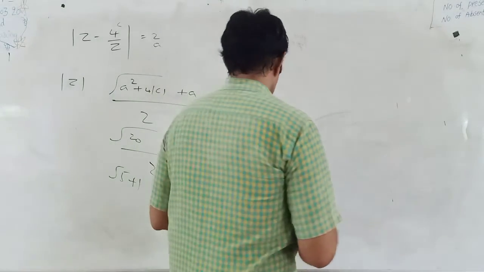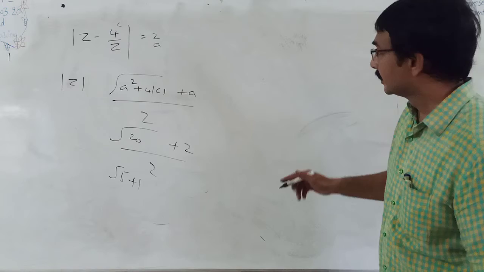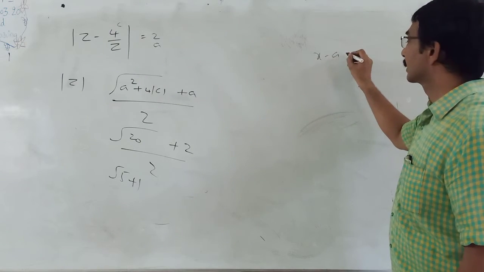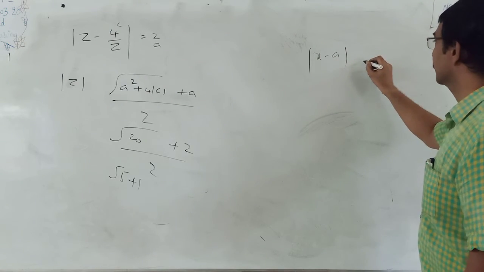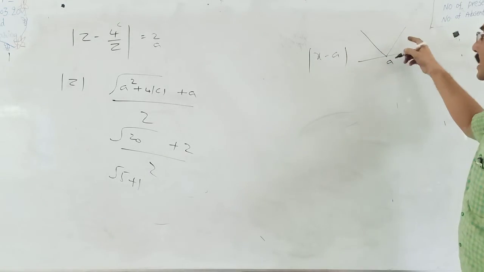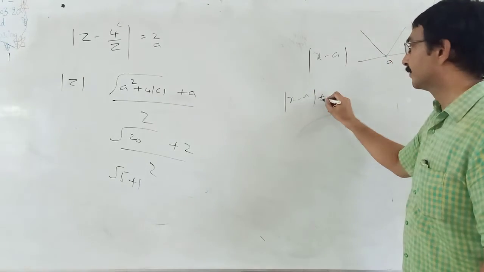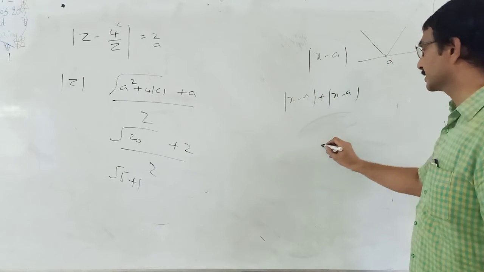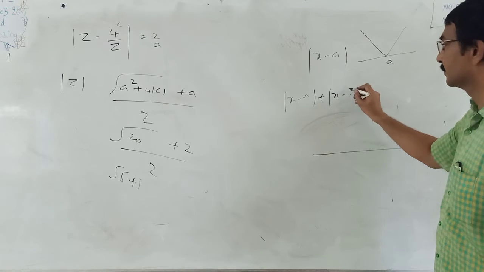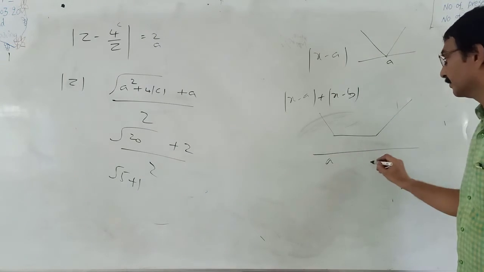Next. Before explaining that one, see first the graph of modulus of x minus a, a V shape at a. So this one has its minimum value at a. Graph of modulus of x minus a plus modulus of x minus b has sharp turnings at a and b.